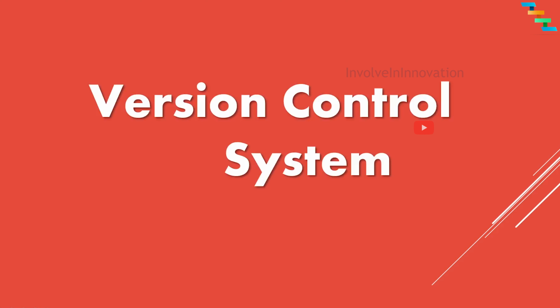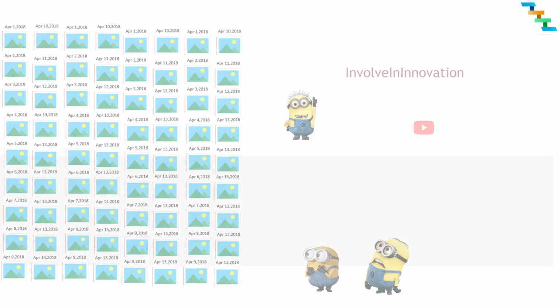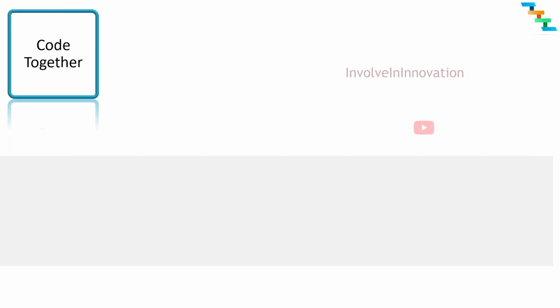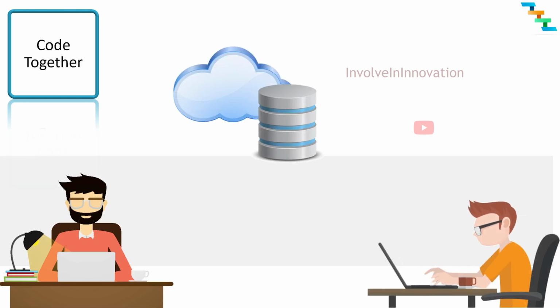There are lots of benefits if you use a version control system. Now we will discuss some of the key important benefits. First thing is code together. In the current world, code together is very essential because you can be from any part of the world. Version control synchronizes versions and makes sure that your changes don't conflict with other changes from your team members.